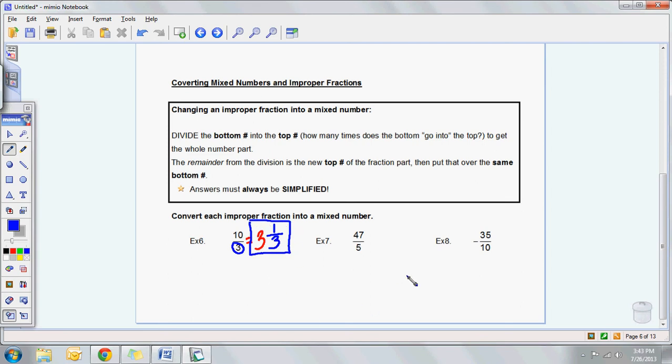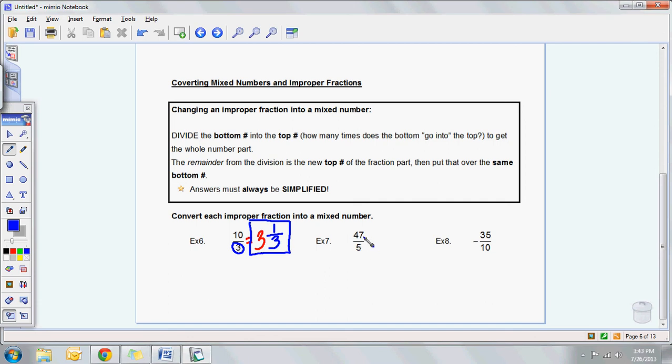Let's try another one here. 47 over 5. How many times does 5 fit into 47 without going over? Let's try 5 times 5. 5 times 5 is 25, so I know it's got to be bigger than that. Let's try 5 times 8. 5 times 8 is 40. We can go a little bit more. 5 times 9 is 45.